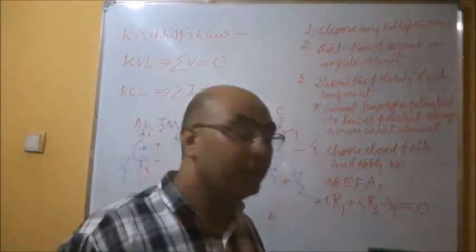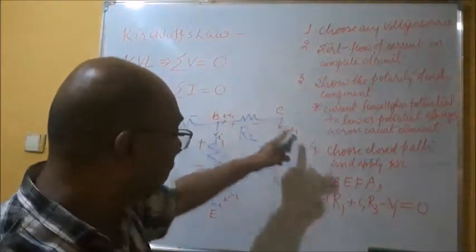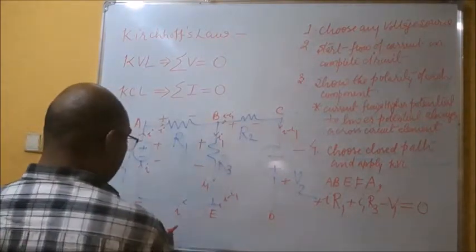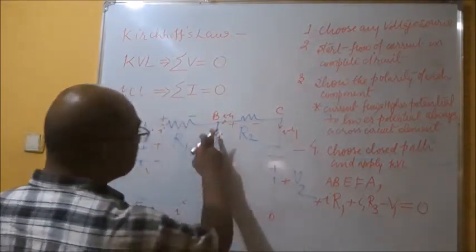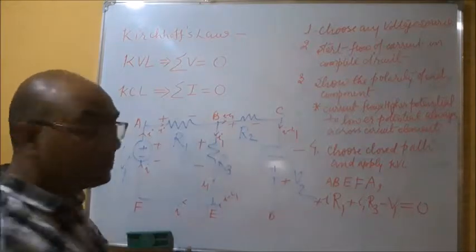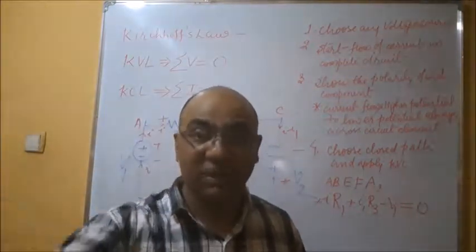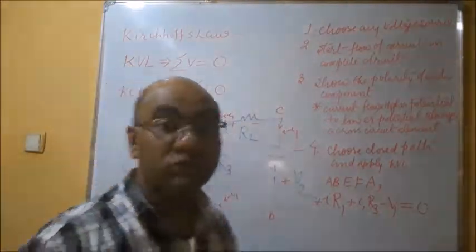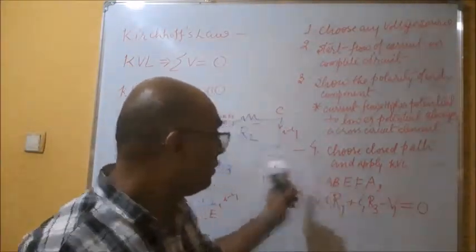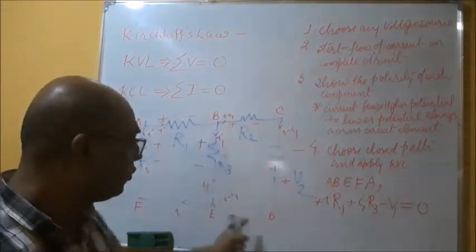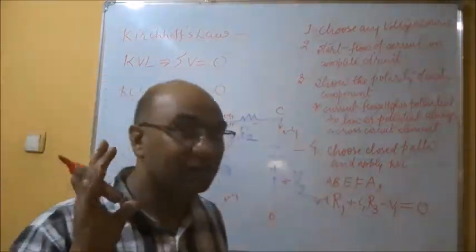Let us repeat it with another closed path. For understanding, I am taking the opposite direction. Here we moved clockwise, and now I will move anti-clockwise to understand the concept.